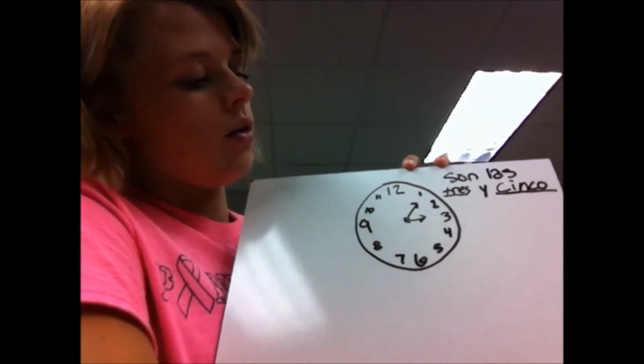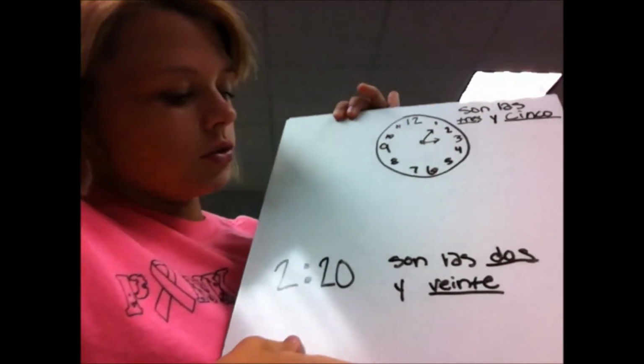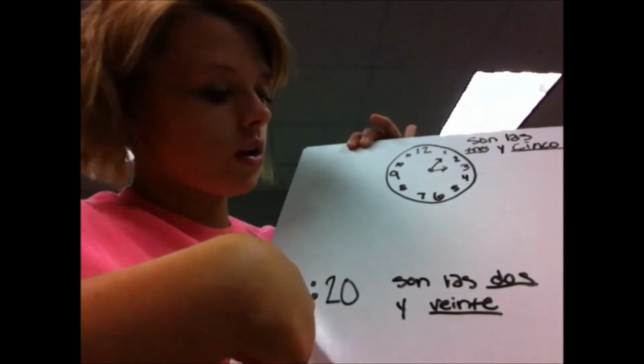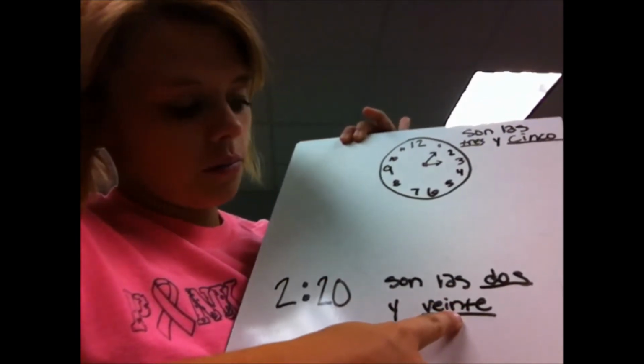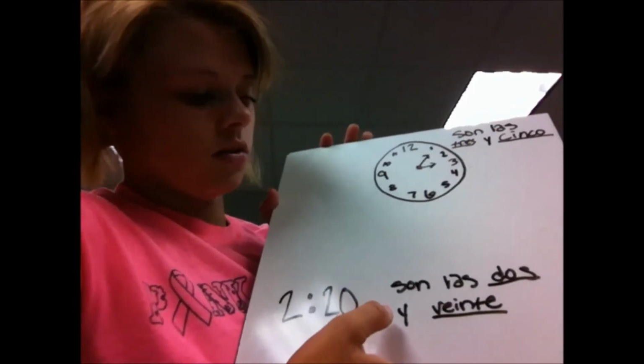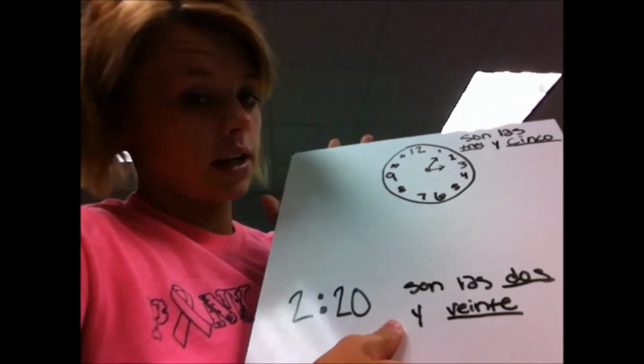So son las 3 y 5 is 3:05 in English. And the next one is 2:20. Son las 2 y 20 because it's 2:20. So son las 2 y 20 is 2:20.